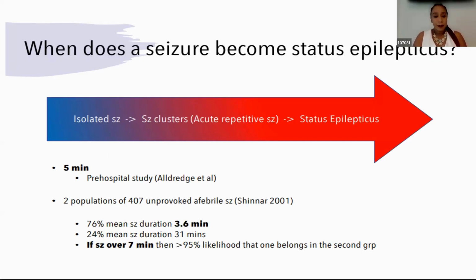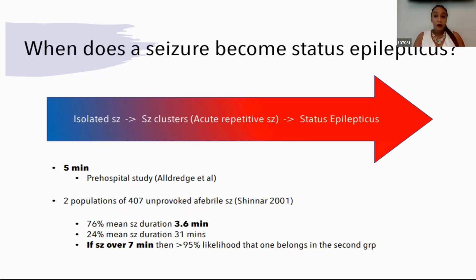The general consensus is that 5 minutes of seizure is status epilepticus. There's a study done by Shinnar in 2001 where they looked at a population with 407 unprovoked afebrile seizures.